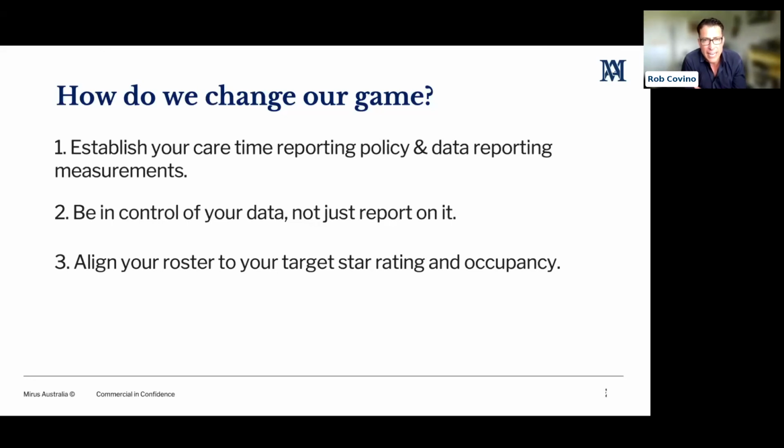Now that still works for AN-ACC, but with the constructs of it and with care minutes now being mandated, it requires us to think differently about that approach to funding.